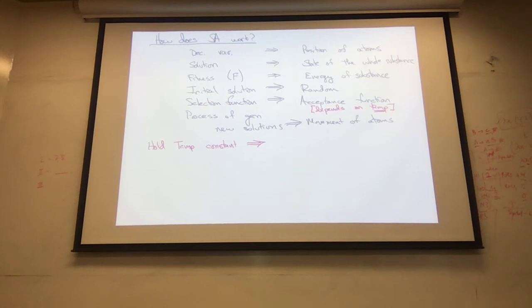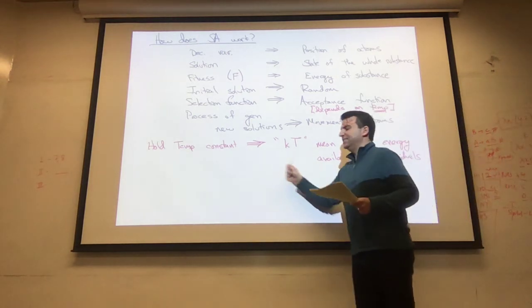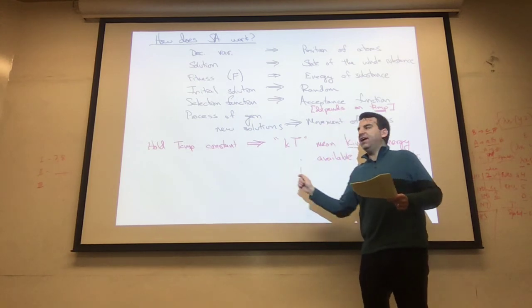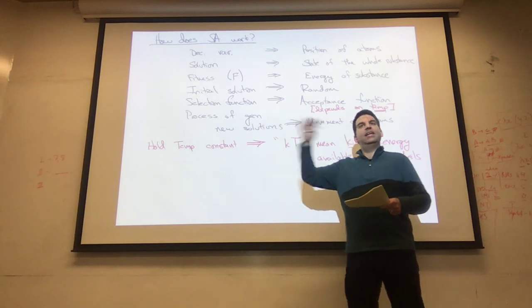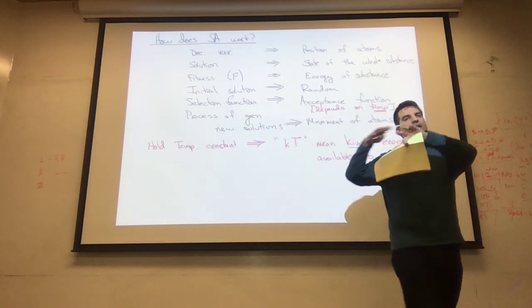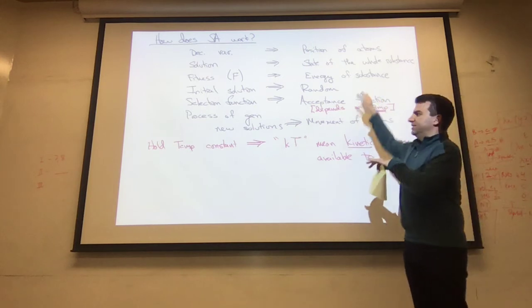And so kT is the mean kinetic energy available to individuals, I'll say. In an optimization sense, this is going to define the maximum, or at least on average, the average barrier height that you can cross at the current temperature of your simulated annealing.